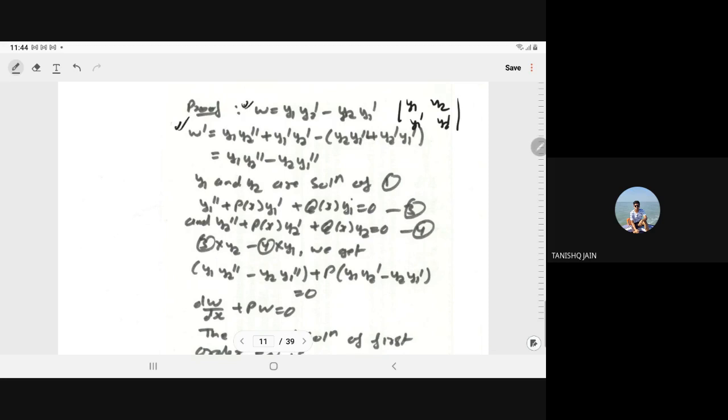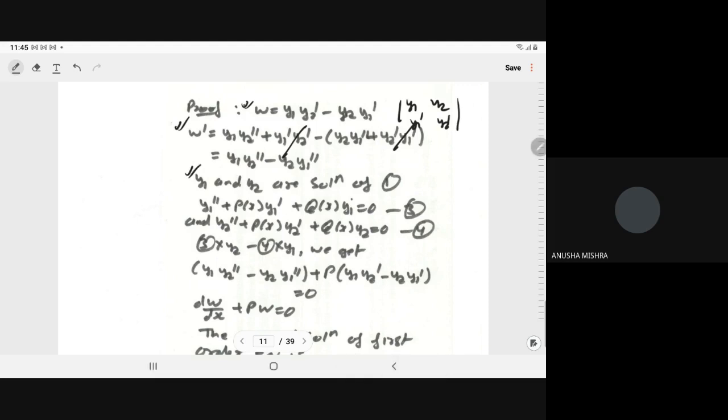W dash will be y1 y2 double dash plus y1 dash y2 dash, minus y2 y1 double dash plus y2 dash y1 dash. So y1 dash y2 dash will cancel out.